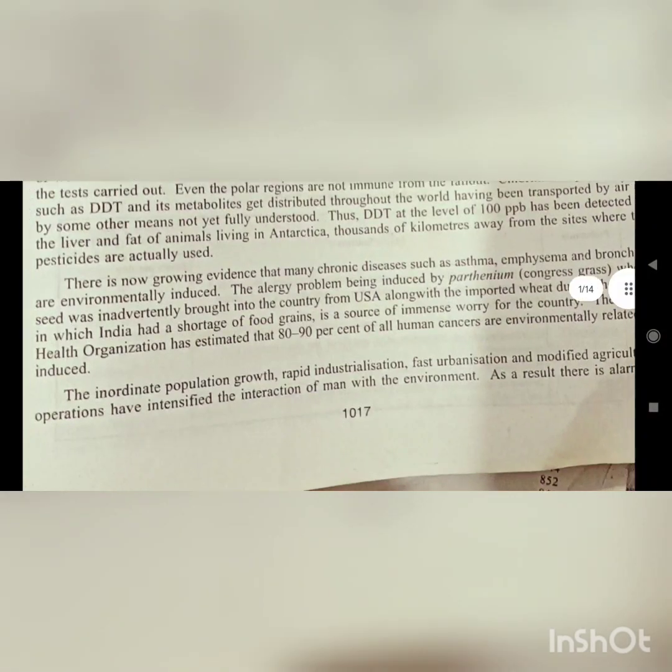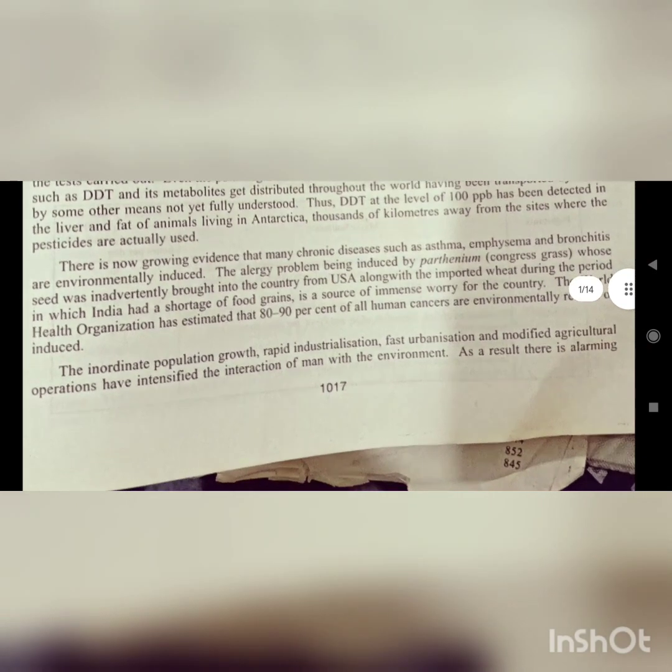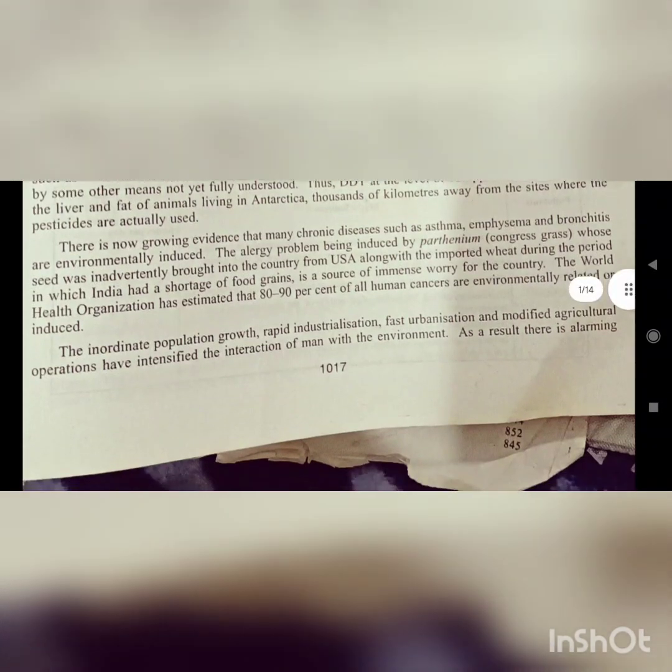There is now growing evidence that many chronic diseases such as asthma, emphysema, and bronchitis are environmentally induced. The allergy problem induced by Parthenium congress grass, whose seed was inadvertently brought into the country from the USA along with imported wheat during the period in which India had a shortage of food grains, is a source of immense worry for the country.